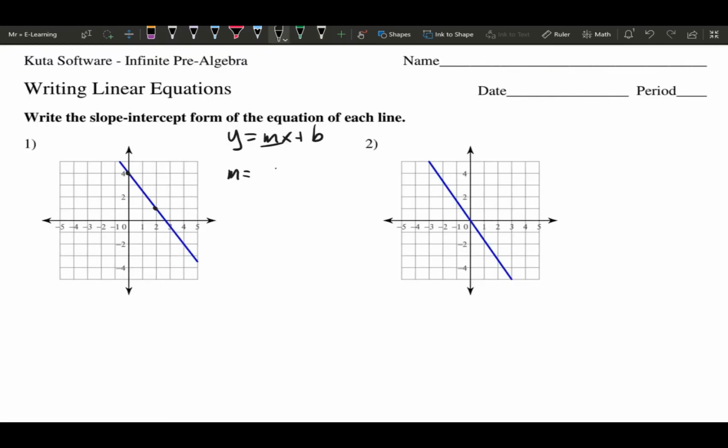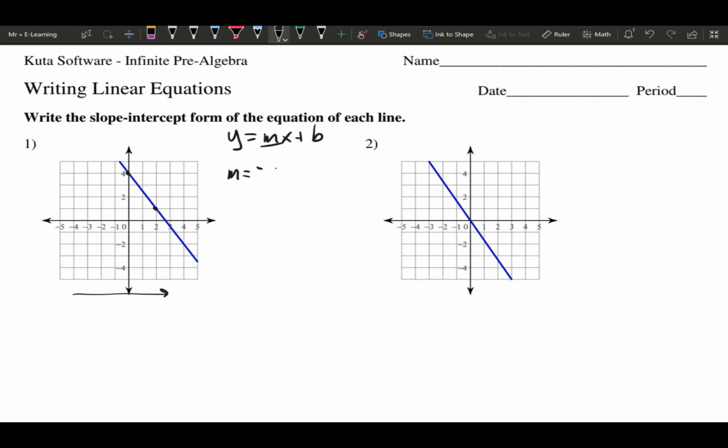Okay, so we can go ahead and figure out our m now, now that we have our 2 points. So, first thing to do is look left to right. Is this graph inclining, meaning it's going up, or declining, meaning it's going down? And so as we go from left to right, it looks like it's declining.